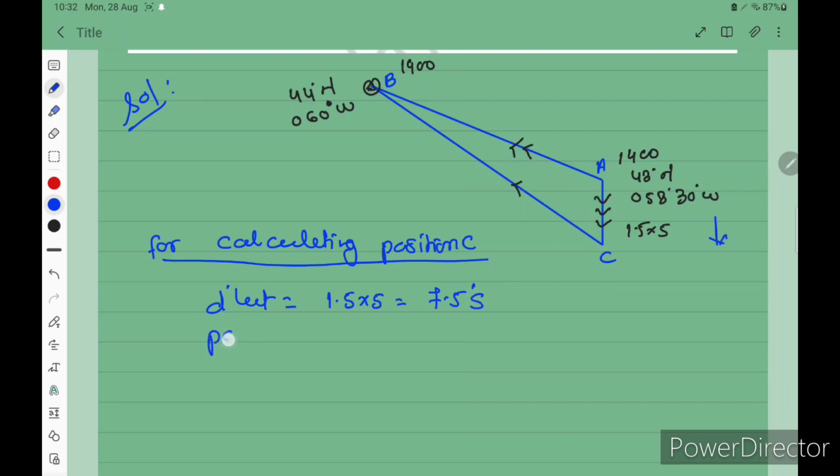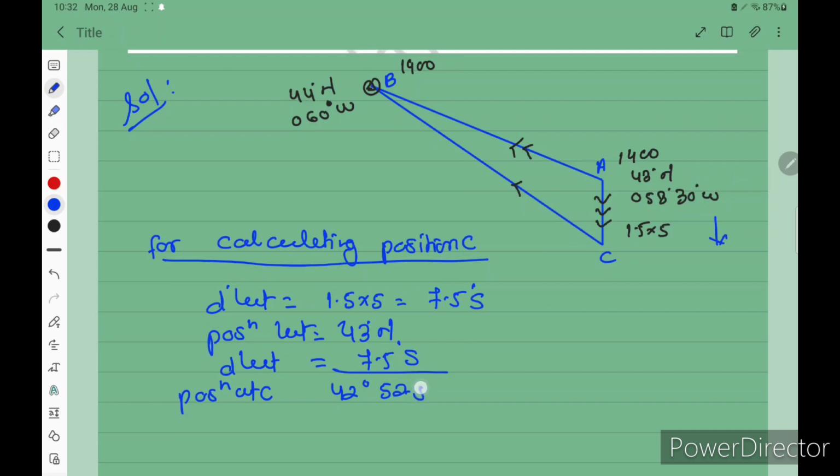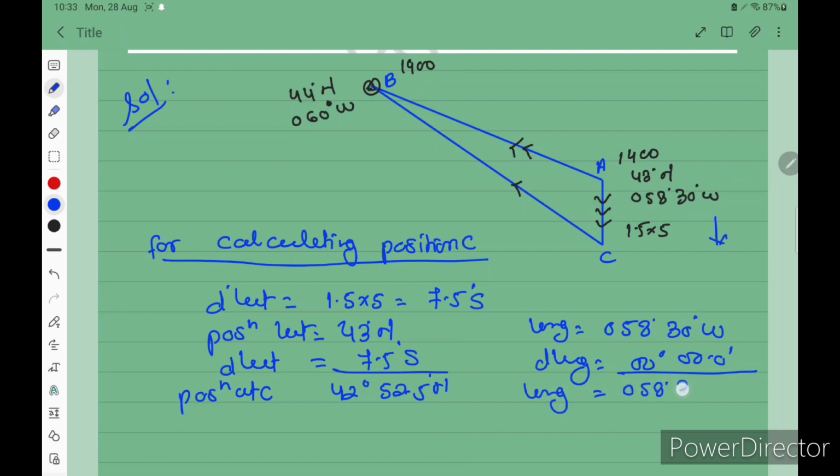The first position latitude is 43 degrees north, and D lat is 7.5 south. So we get the position at C as 42 degrees 52.5 north. The longitude is the same, 058 degrees 30 minutes west, so D long is 0 because it is on the same longitude. So the longitude at C is the same, 058 degrees 30 minutes west.